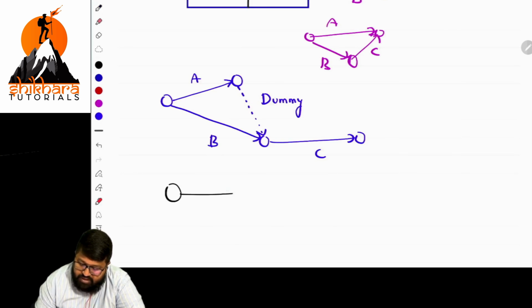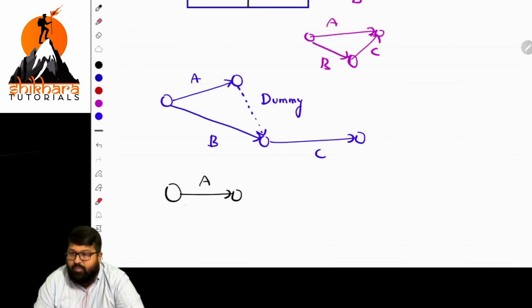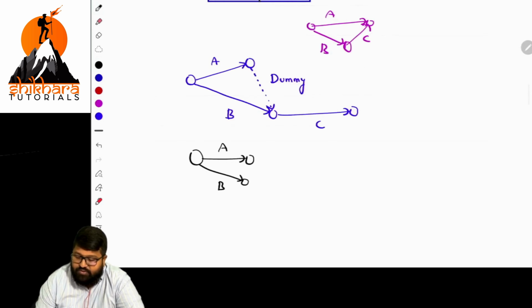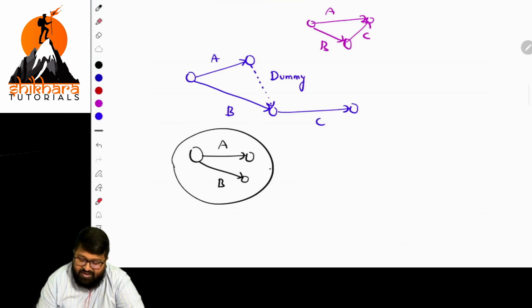A is an activity, and they also said that at the same point B also starts. And C starts where both A and B end. So normally by that we can draft it like this, A and B.